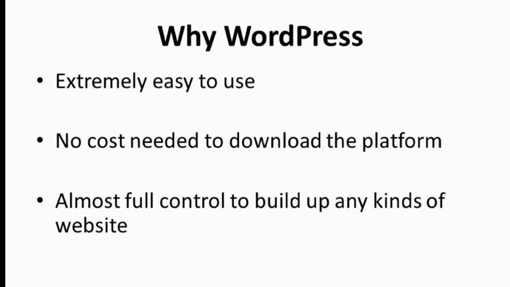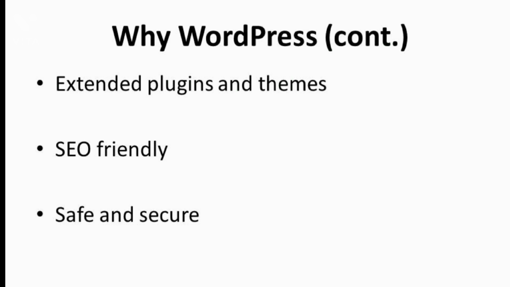In addition, you will have almost full control to build any kind of website with WordPress, obviously including membership sites. Apart from that, there are a number of extended plugins and themes available in WordPress. With the different themes, you don't need to worry that your membership sites will all look the same. In addition, there are plugins to enhance your membership site, such as the Yoast SEO plugin and the Wishlist Member plugin.